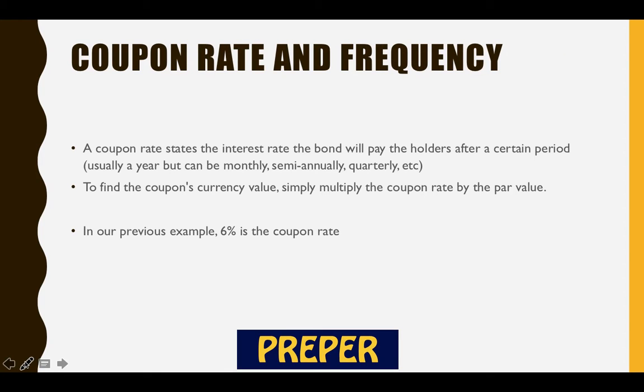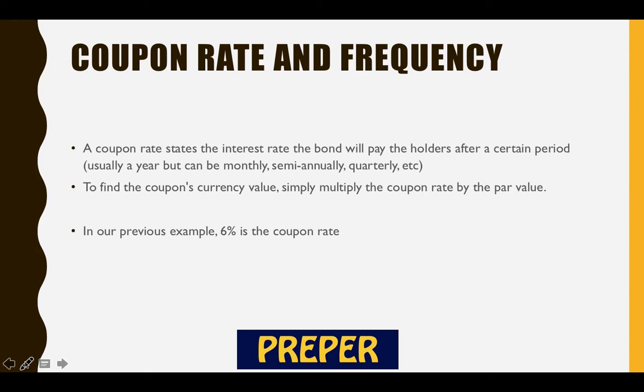So how are these coupon rates decided generally? These coupon rates are generally decided on various factors. One of the important factors is the creditworthiness of the company or the government or the institution which is raising the funds. If it is creditworthy, then it would raise it at a lower coupon rate because people would buy the bonds as the money is safe with them. So the higher the coupon rate, the riskier is your investment, right?